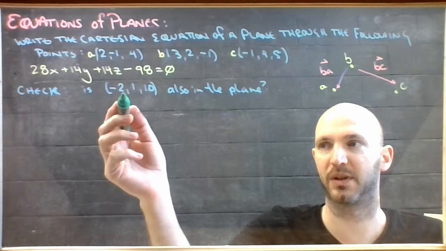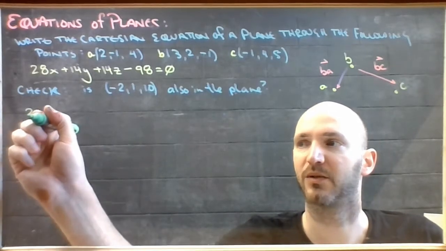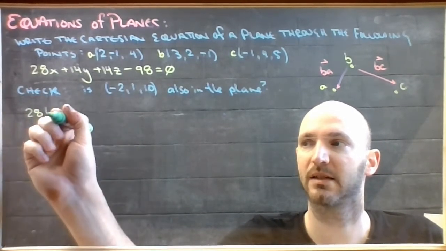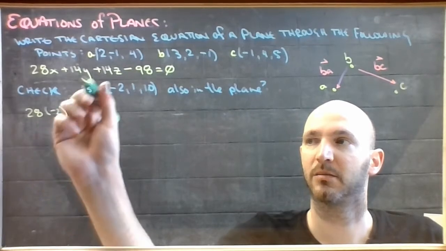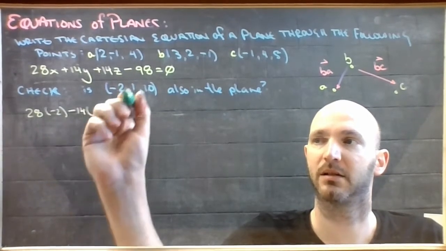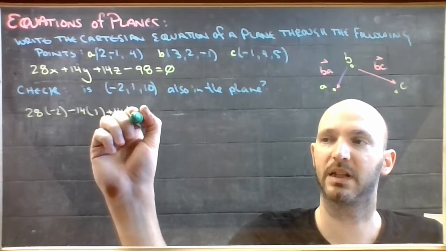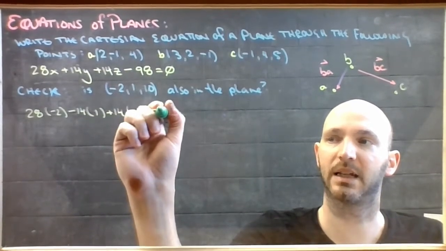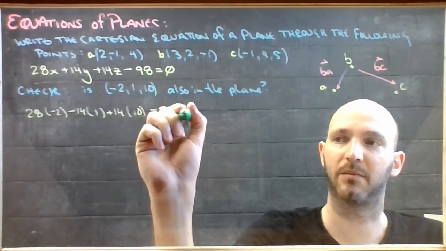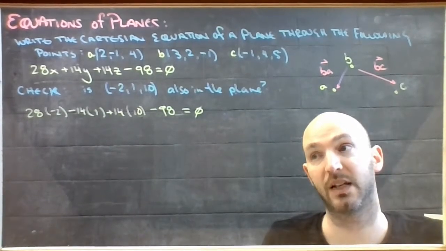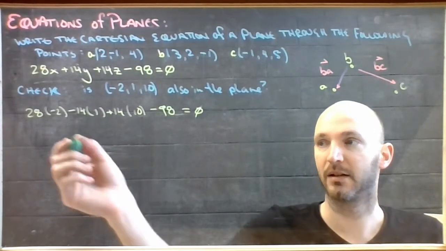So 28 of these plus 14 of these plus 14 of these minus 98. And I'm hoping that's 0, because if it is 0, then it's in the plane.